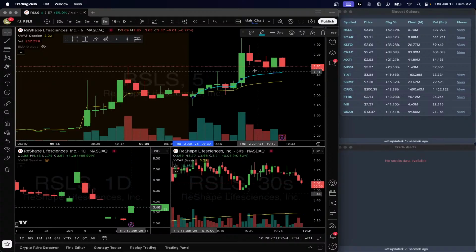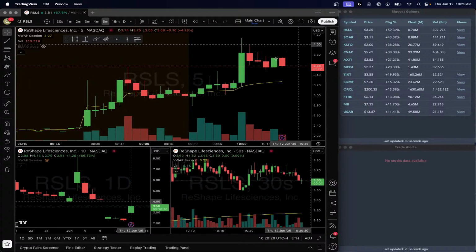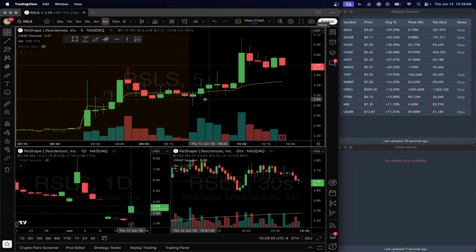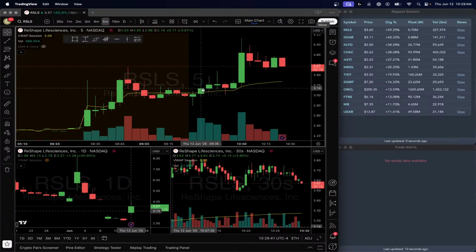Let me get rid of that. The first 5 minutes needs to close above the VWAP here, and then it needs to close above there. So that closed above the VWAP. This was pretty close. Let me show you.